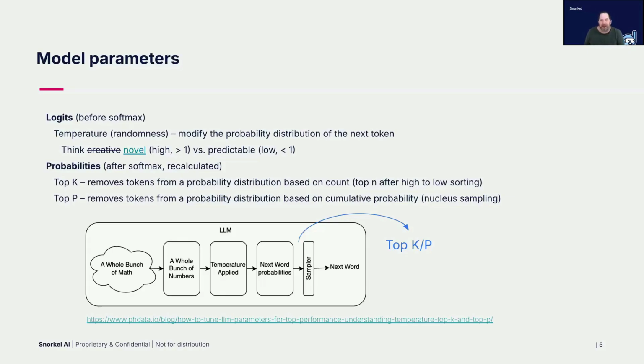And then you have top K and top P. So top K, look at it as we have this probability distribution. We'll sort it from the highest to the lowest, and then you set an arbitrary number on the top end that you want to get. I believe the default is 50 for most models that are available, but you might only want the top 10 or top 20. Top P, a little more interesting. You might have heard it referred to as nucleus sampling.